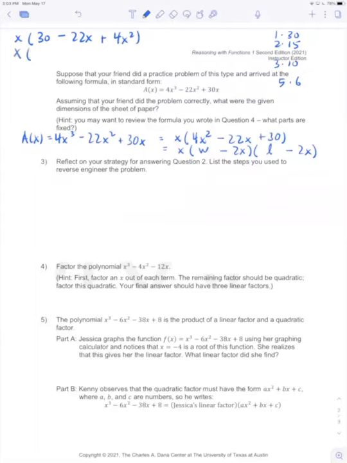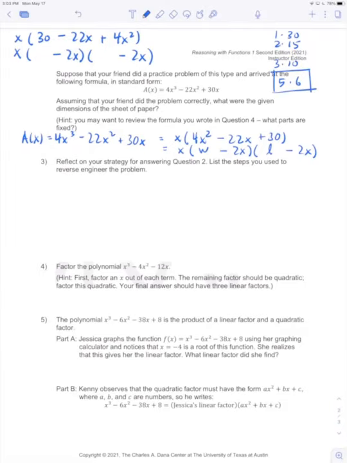Now we have an x here. That's going to allow us to write a minus 2x, a minus 2x, and then the factors of 30 that multiply together to give us 30, but also give us the number 22 when we add them together. After some experimentation, you're going to find out that 5 and 6 is the only combination of numbers that works.